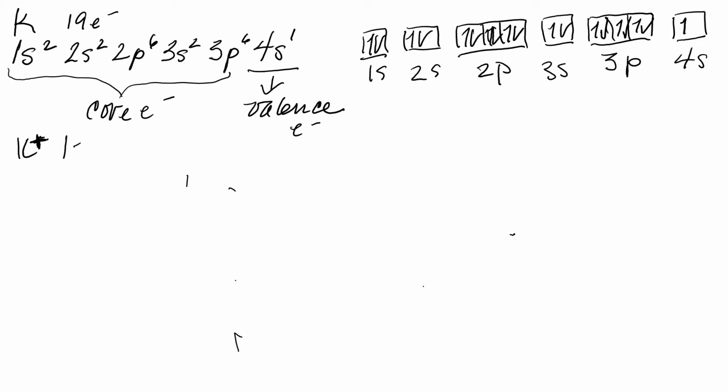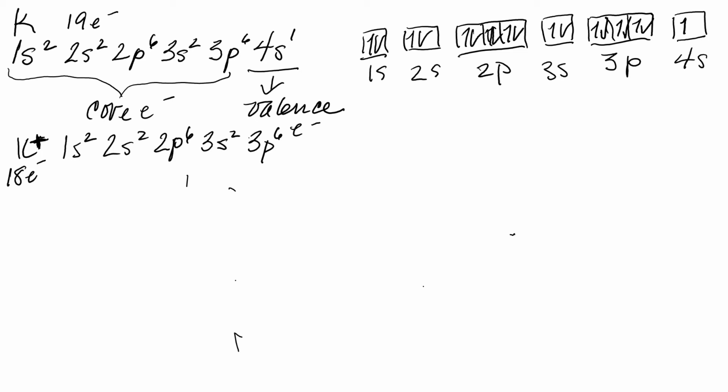So this would have 18 electrons, and its electron configuration is that group of electrons that were the core electrons.